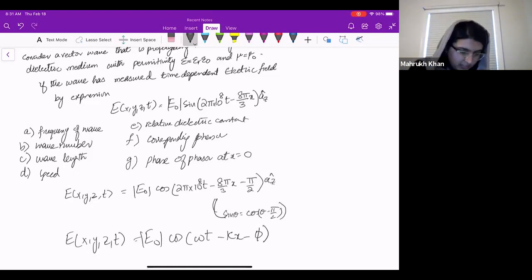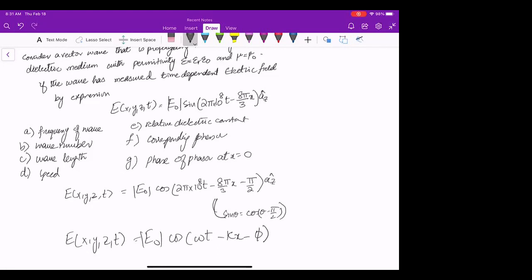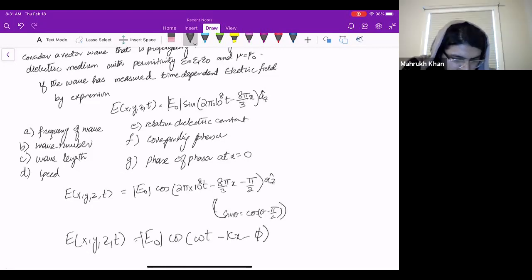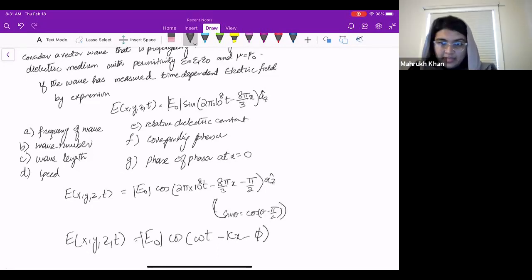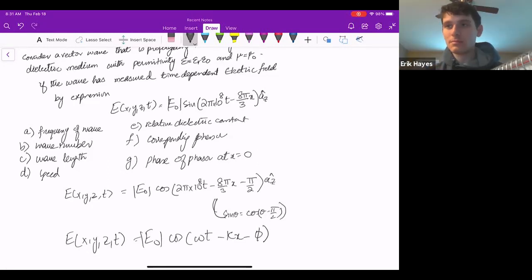Now, tell me, what do you think is the frequency of the wave? 10 to the 8th. 10 raised to power 8, right? That's right.